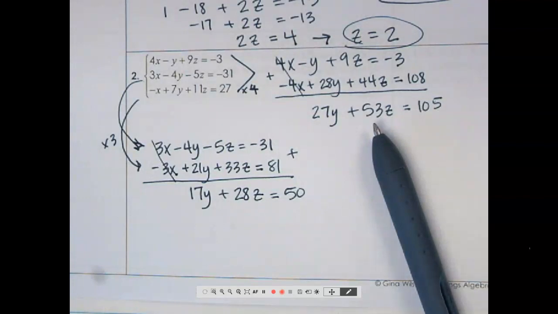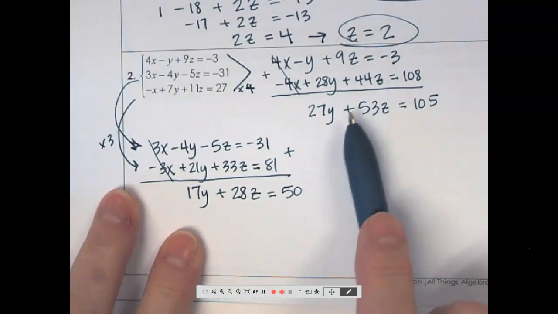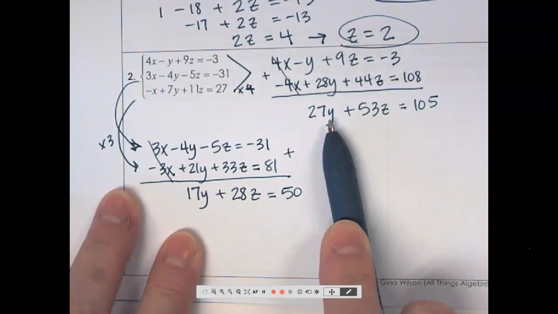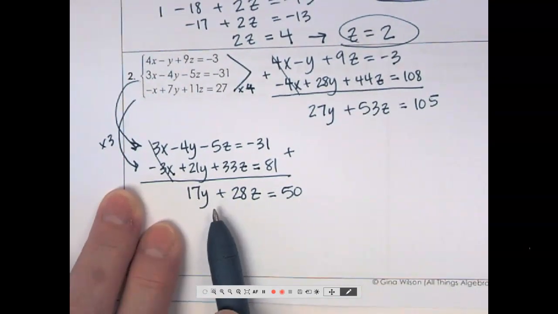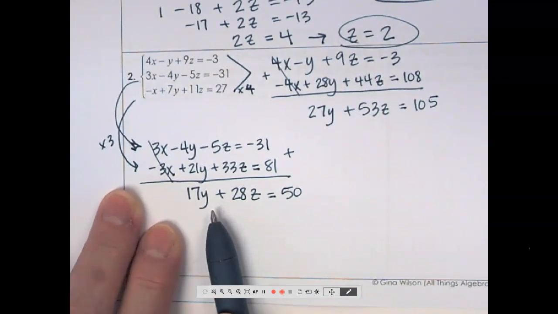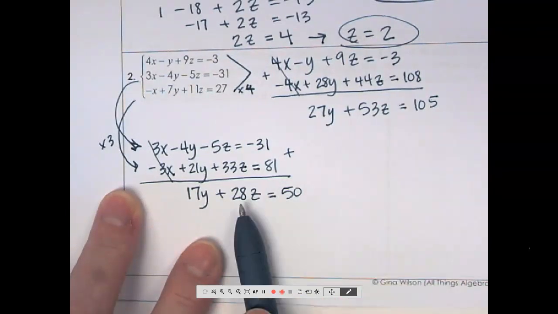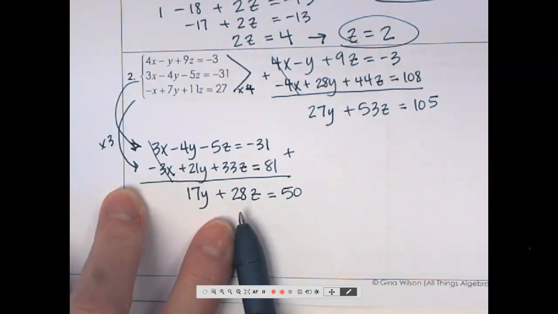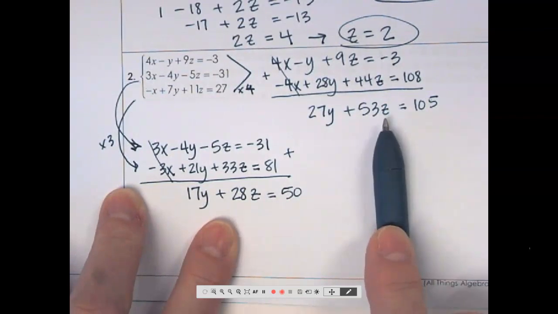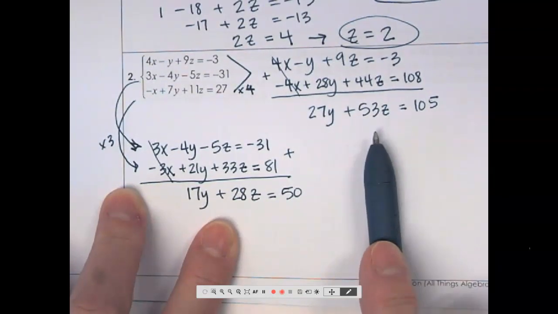So let's say I'm going to get rid of y's. I'm just going to multiply this equation by 17 and this one by negative 27. Do y'all see what I'm doing? Max? Nope. 28 times 2, but that wouldn't give me 53. Is that what you were thinking?